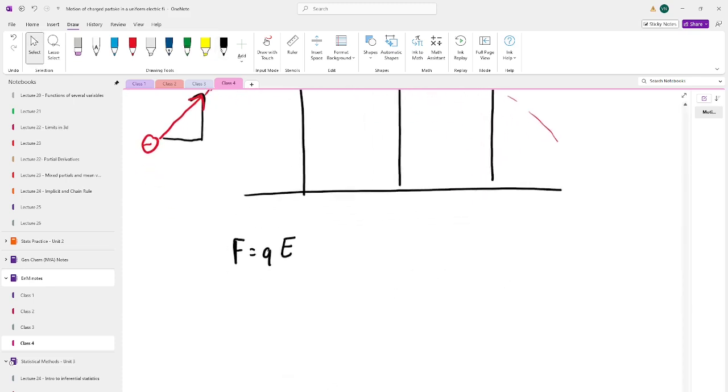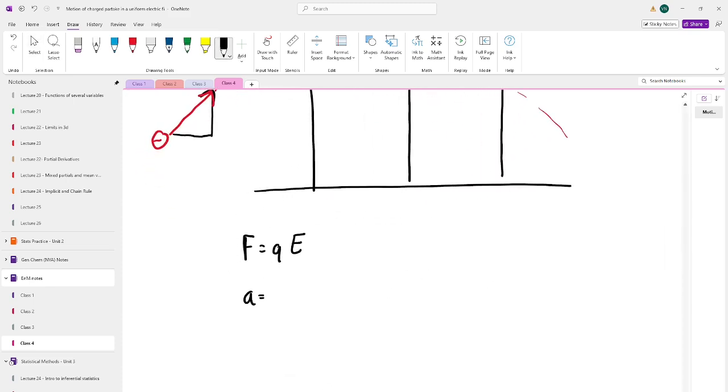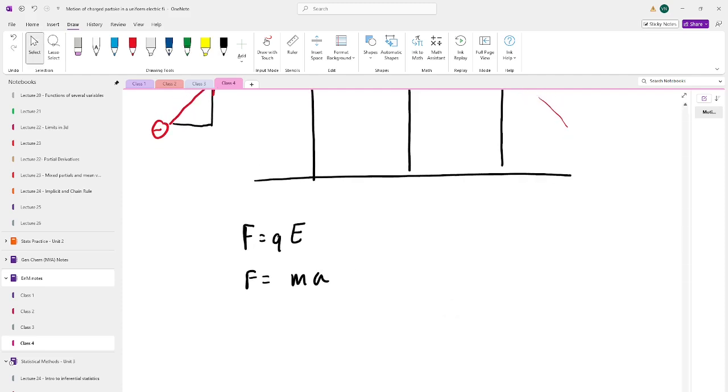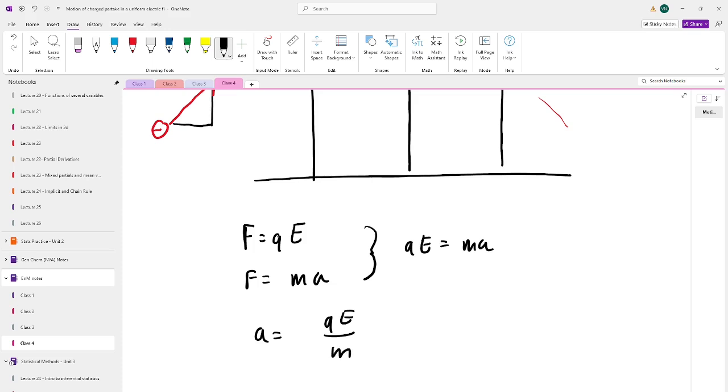And then we also know that force is equal to mass times acceleration. So we can derive that same equation that we used last time. So from last time, QE equals ma, or a is equal to QE divided by m.